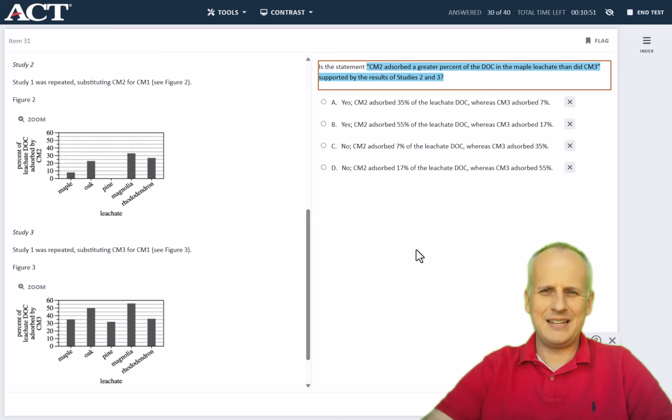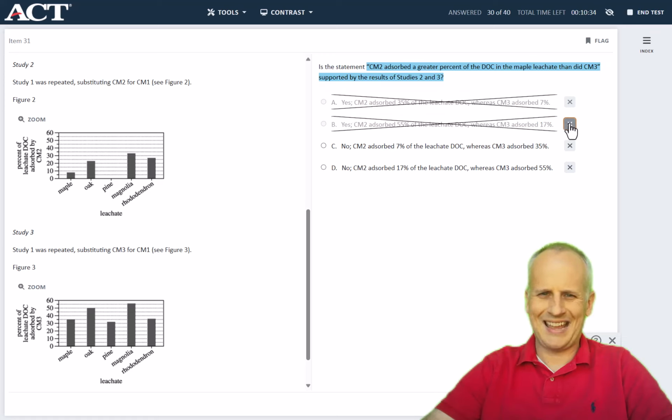So we want to see, is the DOC bigger in CM2 than in CM3 for maple? Well, maple's not higher in CM2 than CM3, so the answer has to be no. So we can eliminate both choices A and B as being basically backwards. And CM2 absorbed only 7, so choice C is the right answer, and we don't really have to even fully engage choice D.